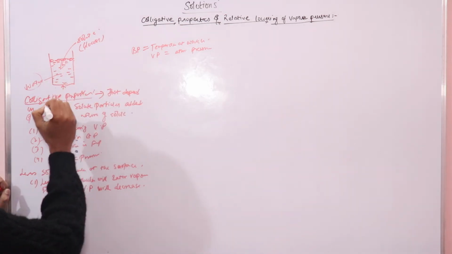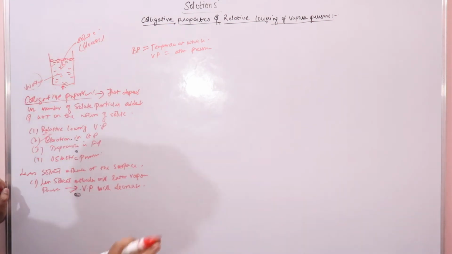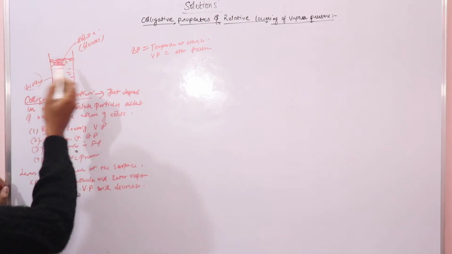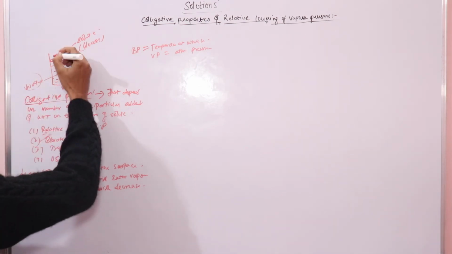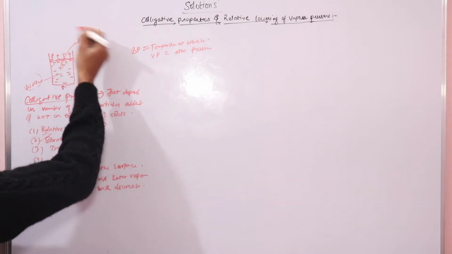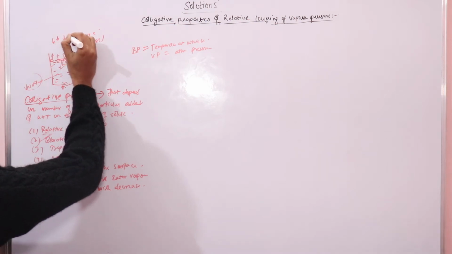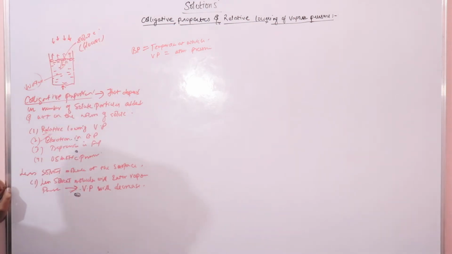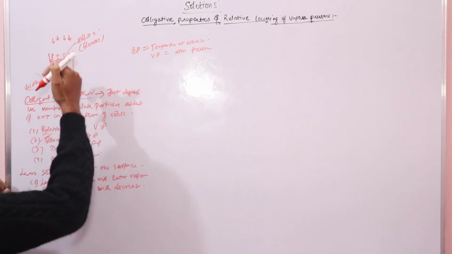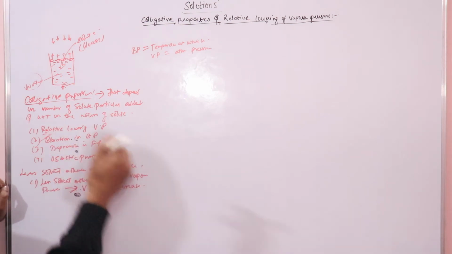When glucose is not added and you are heating pure water, we have more solvent molecules at the surface, so more and more solvent molecules will move into the vapor phase. And here we have atmospheric pressure.